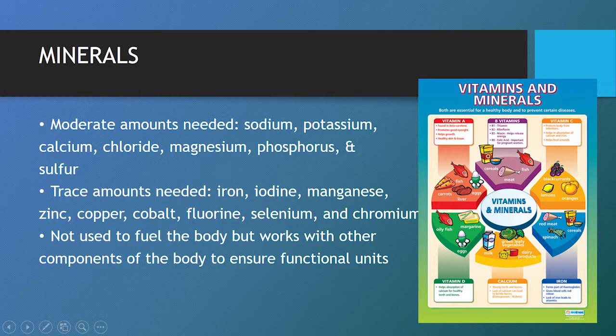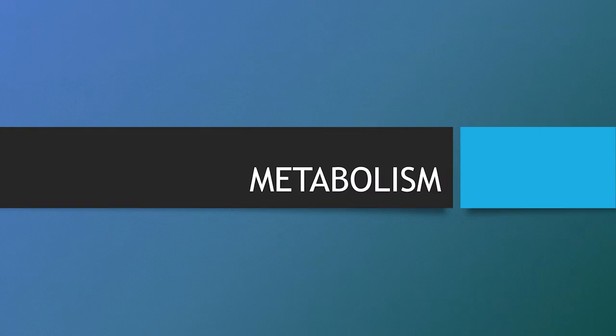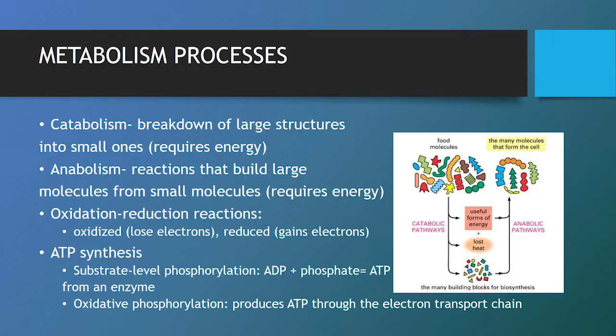So minerals are not used to fuel the body, but they work with other components to ensure functional units in the body. And next, the metabolism part of the chapter, starting with metabolism processes.